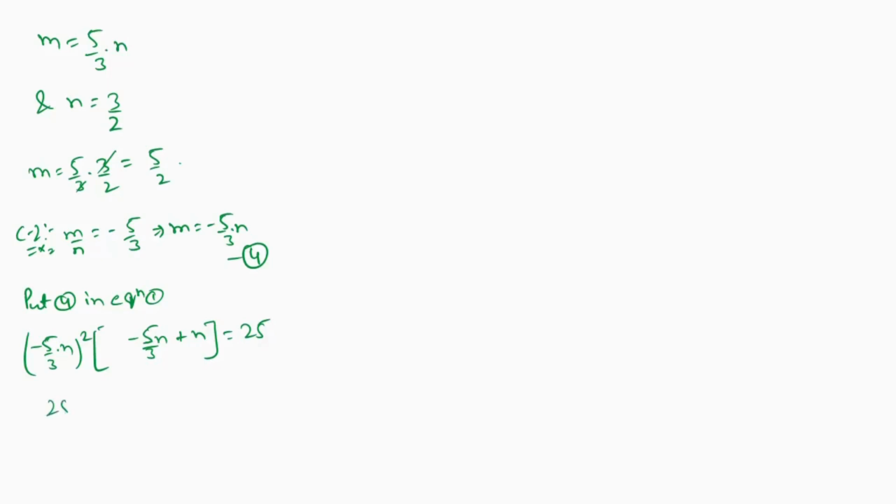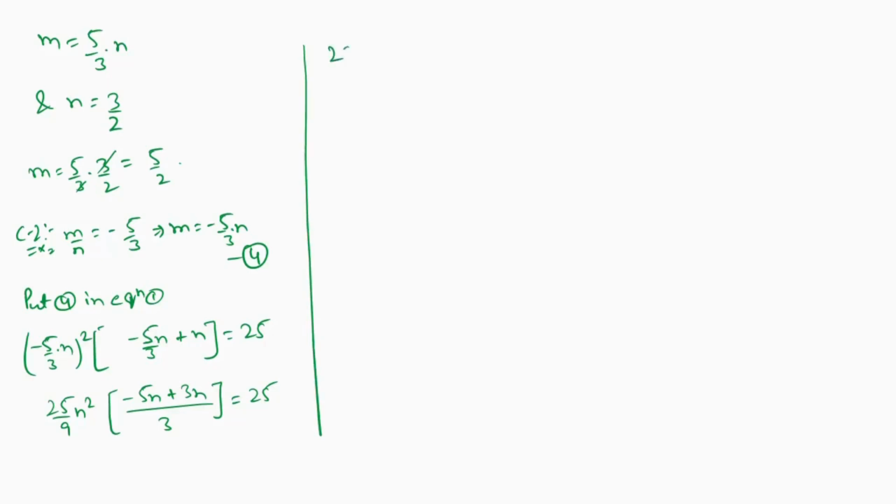So on solving this we get 25 by 9 n square. Here we have to take LCM, so (minus 5n plus 3n) divided by 3 equals 25.